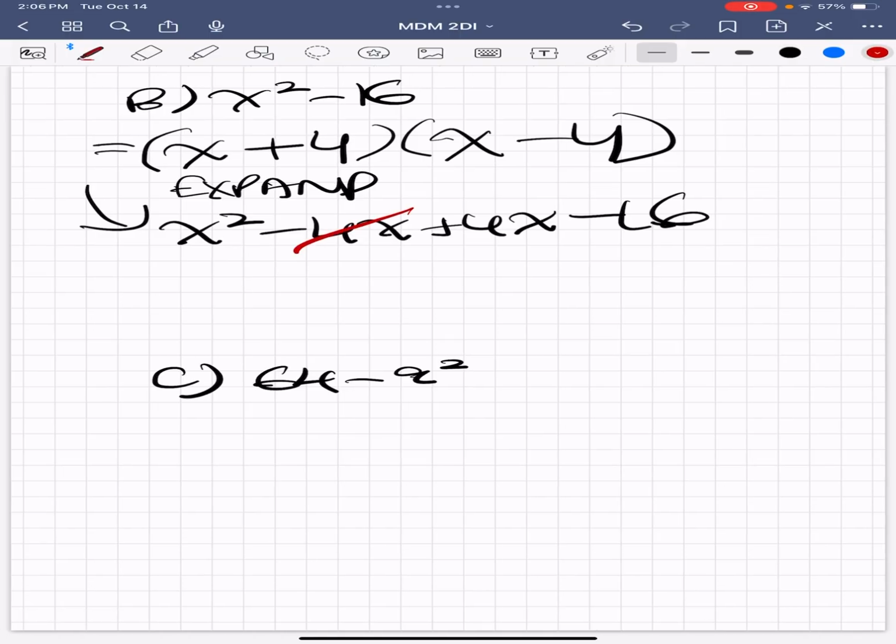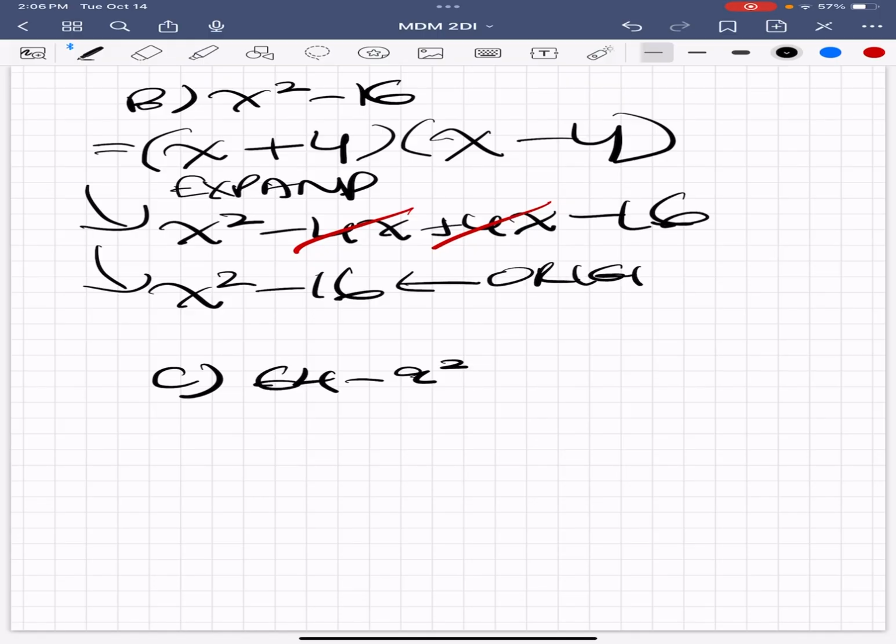And we cross out minus 4x plus 4x because they just cancel each other out. Then we have x squared minus 16, the original expression. And so this is our answer.